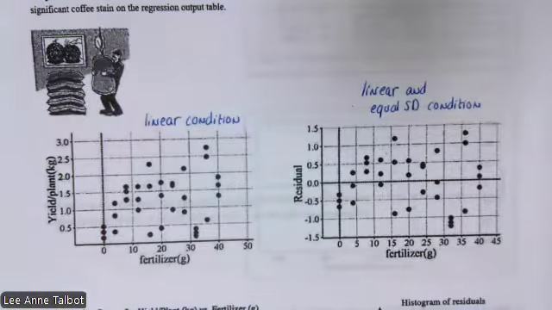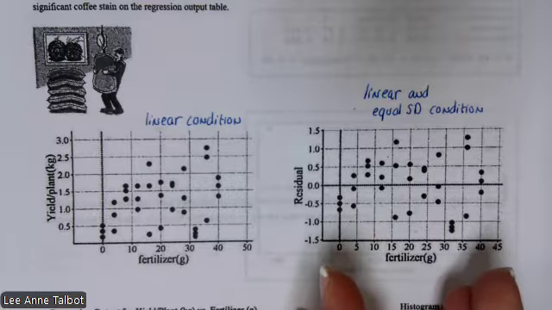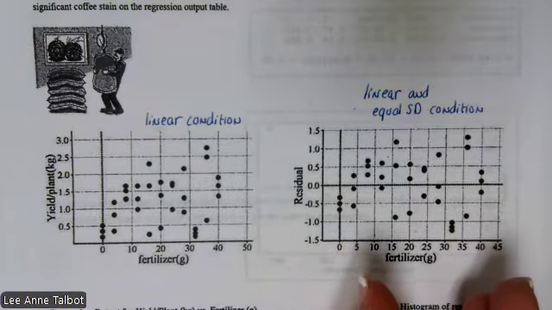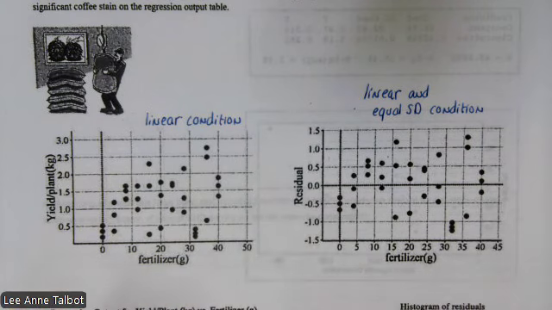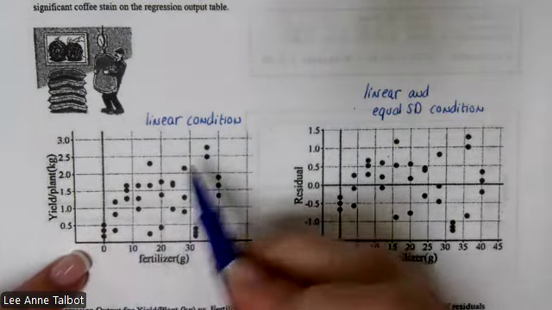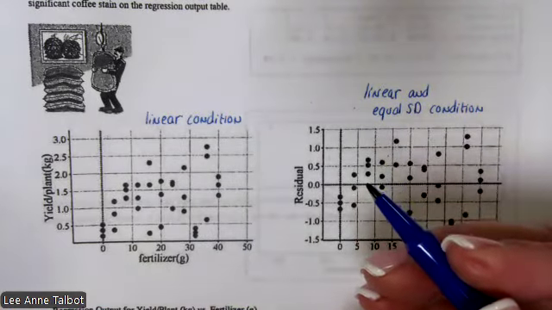Now, they could get away with just giving you the residual plot because you can get the linear and the equal standard deviation condition off of that. But they were nice enough to give you both. You only need to cite one of them. I'm just going to say the scatter plot shows a linear pattern. Does that make sense?